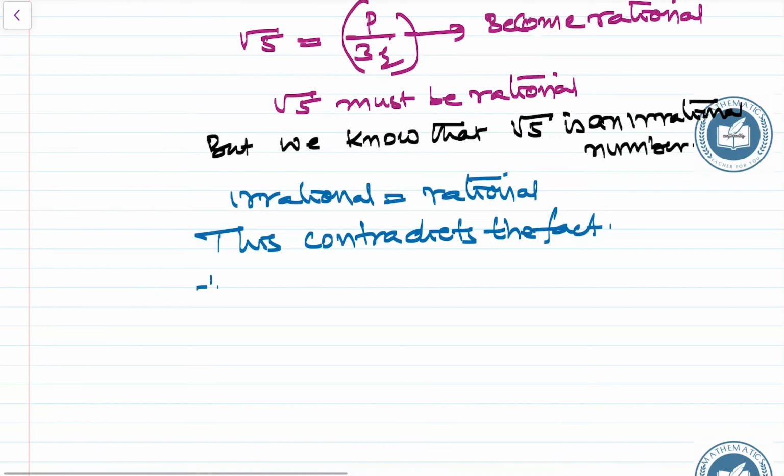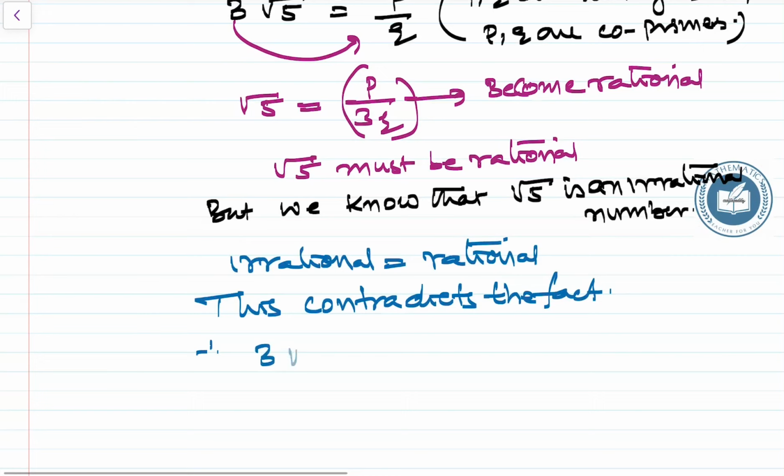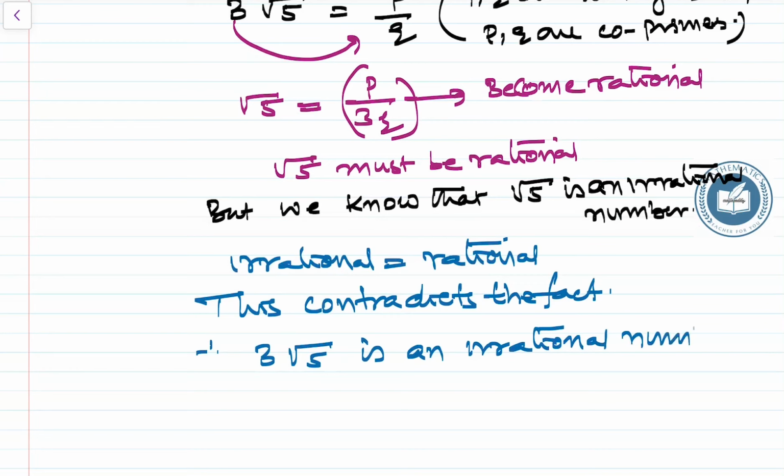So therefore 3 root 5 is an irrational number. Okay.